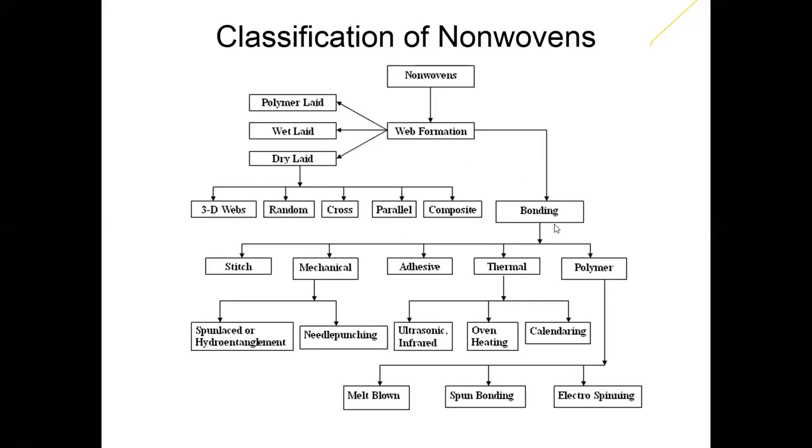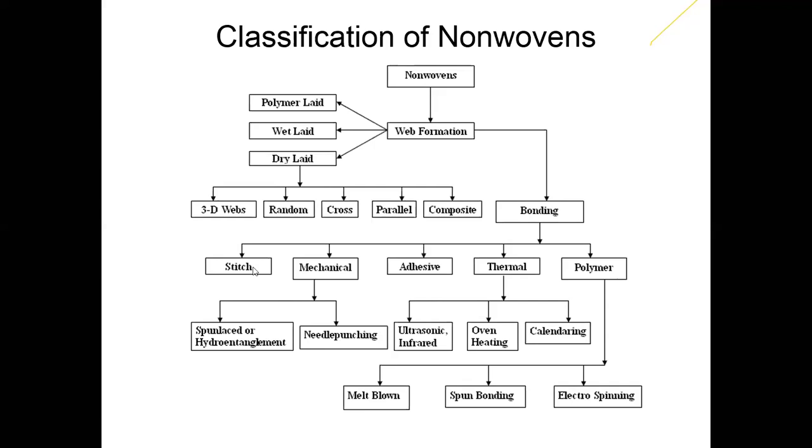Then we have another part, which is bonding. Bonding is the process to give strength to the non-woven fabric. So how can we provide strength to the non-woven fabric? This may be a stitching process, mechanical process, adhesive, thermal, or polymer.